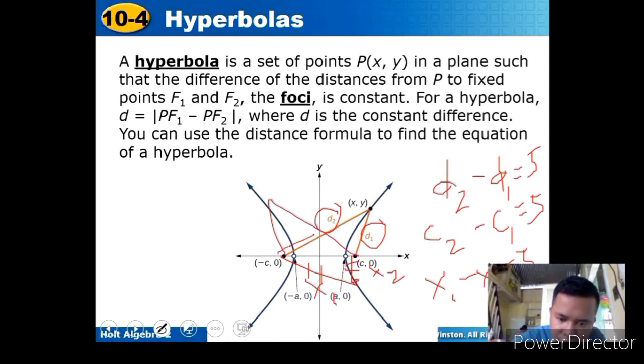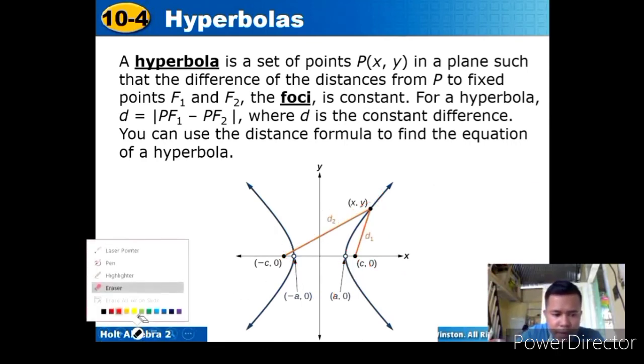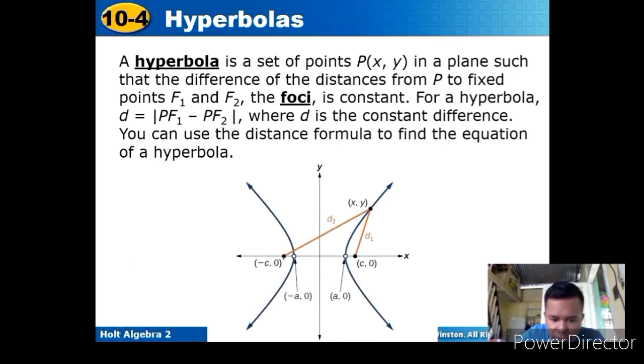So anywhere along the hyperbola, this point toward this point is fine, or this point toward the second focus. The difference is still equal if you subtract these two distances, always constant.